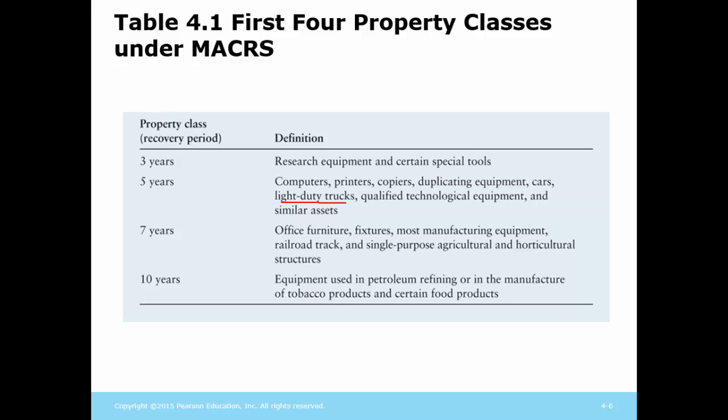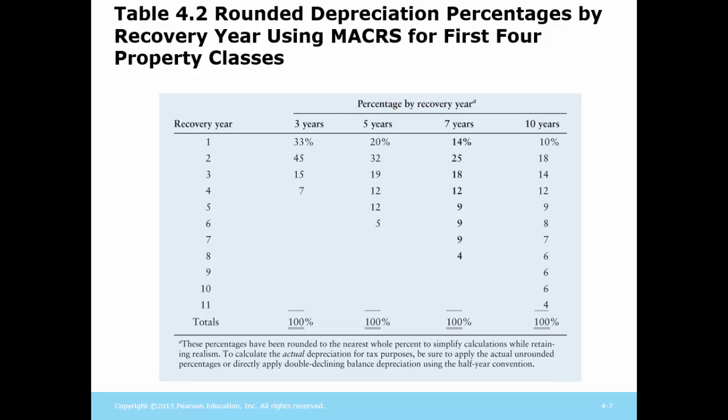Once you know where it falls, there is another table that's generated that tells you what depreciation to take each year. So if you have a 5-year asset and you bought it 2 years ago, this past year you were able to depreciate it for 32%. The next year you would depreciate the depreciable basis for 19%.